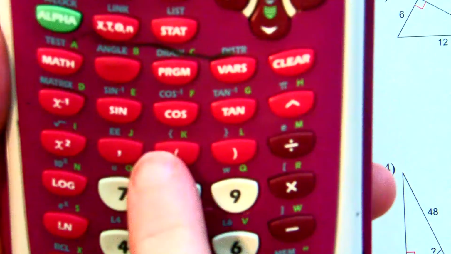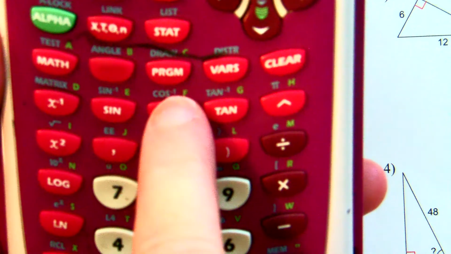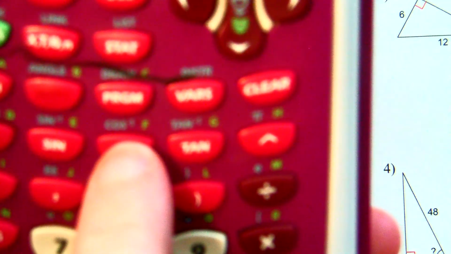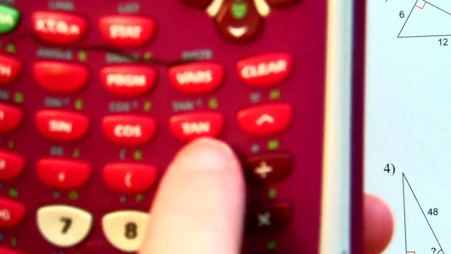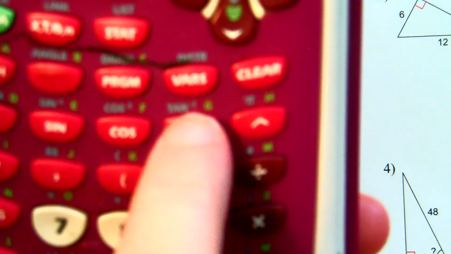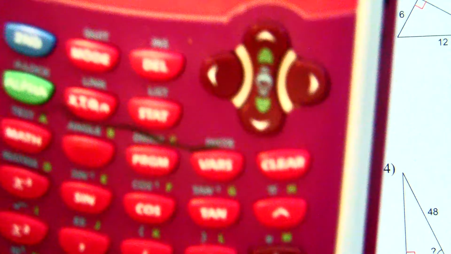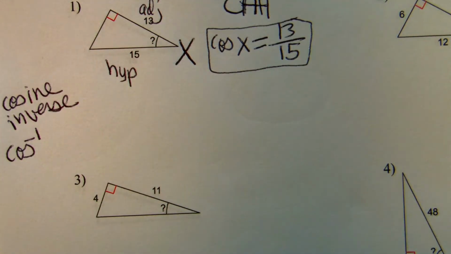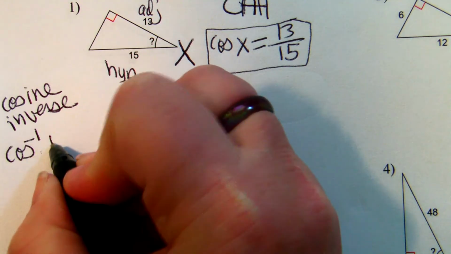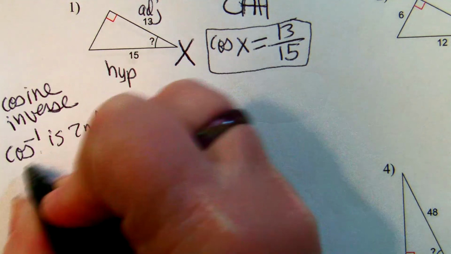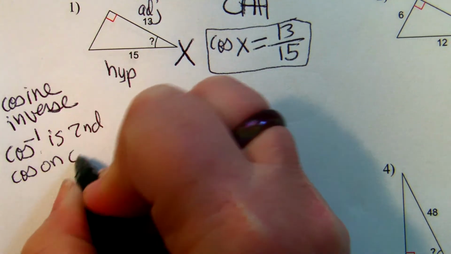So if you look at my calculator, here's cosine, and in blue right above it, it says cosine to the -1, and this is sine, and that's sine to the -1, and tangent to the -1. So I use blue, which is second. I use the second button to access those inverses. So cosine inverse is second cosine on the calculator.